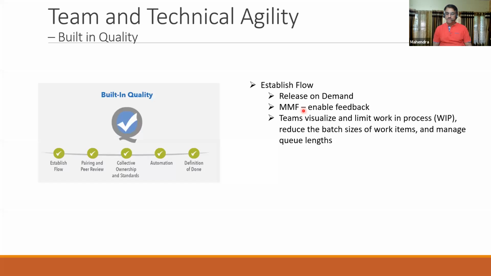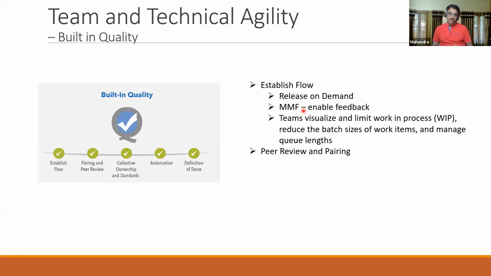Limiting work in progress is fundamental to have a lean flow of work, and it is important to work in small batch sizes, because the smaller the batch size, the faster it moves through the entire value stream. So establishing flow is paramount.